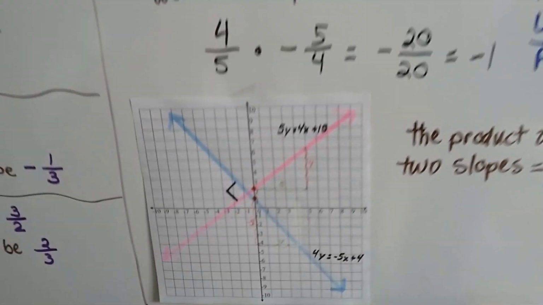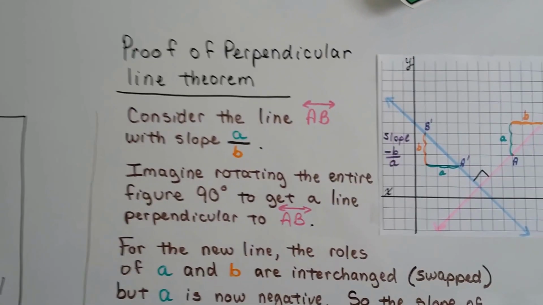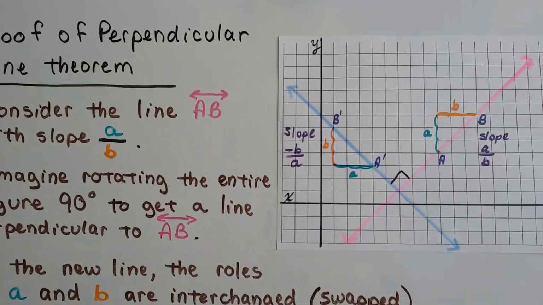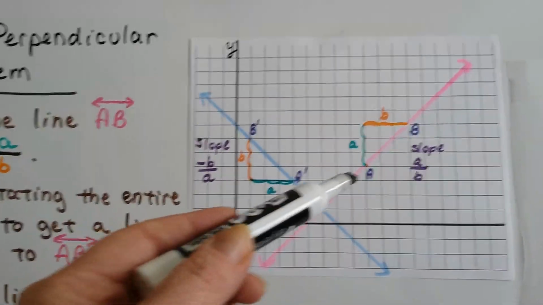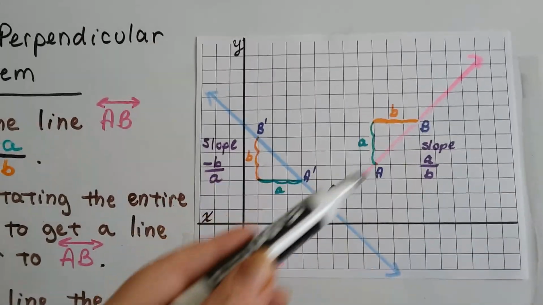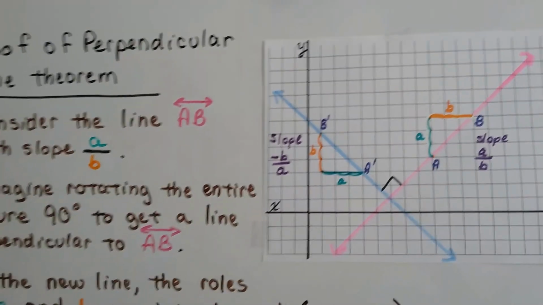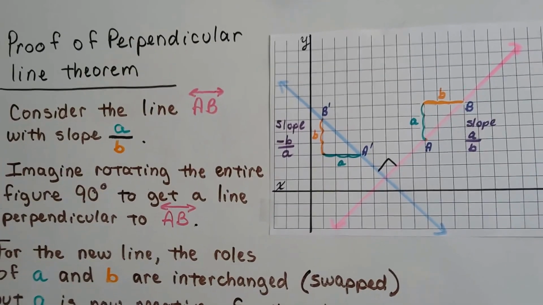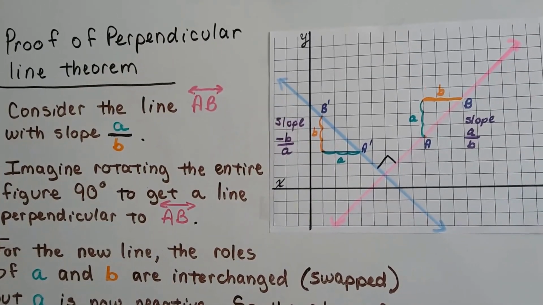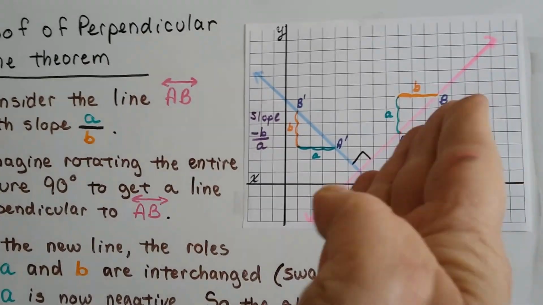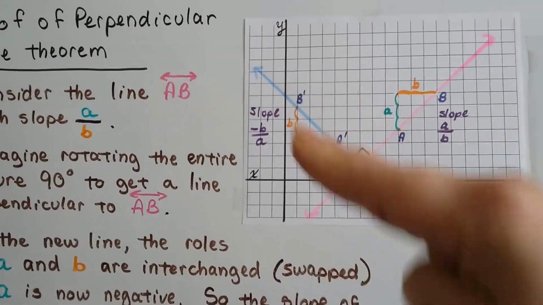All right? So I've got the proof of the perpendicular line theorem. So consider the line AB, that pink line with the slope A over B. All right? So look at this pink line right here. Imagine rotating the entire figure 90 degrees to get a line perpendicular to AB. So what if we took this line and just flipped it that way?